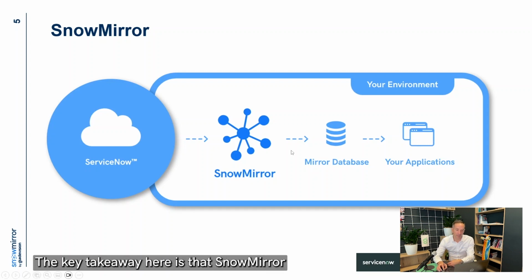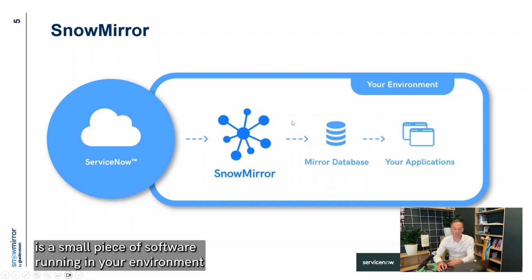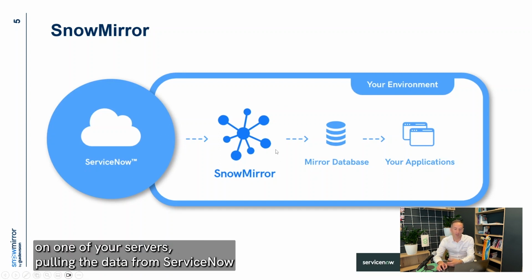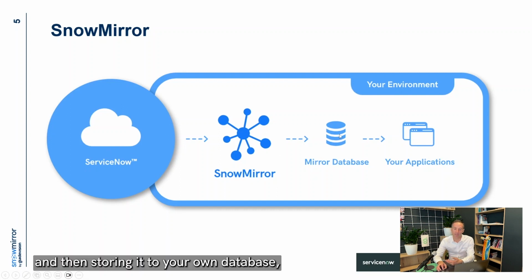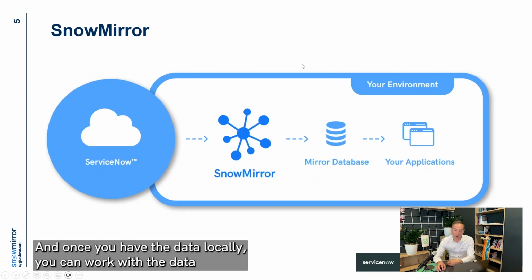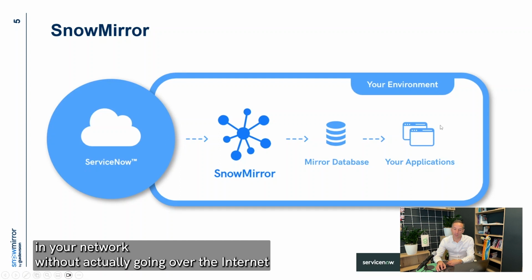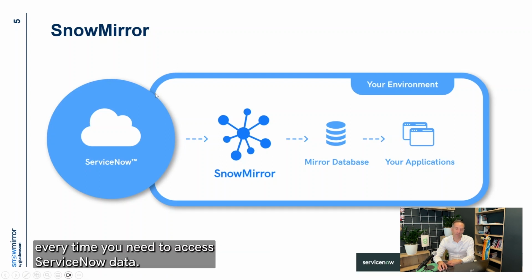The key takeaway here is that SnowMirror is a small piece of software running in your environment on one of your servers, pulling the data from ServiceNow and then storing it to your own database, such as Microsoft SQL Server or Oracle. And once you have the data locally, you can work with the data in your network without actually going over the internet every time you need to access ServiceNow data.